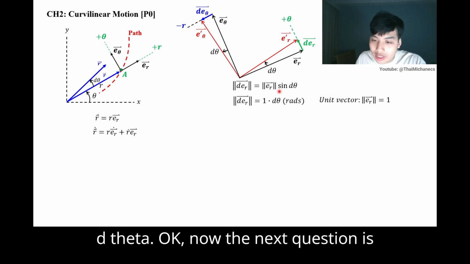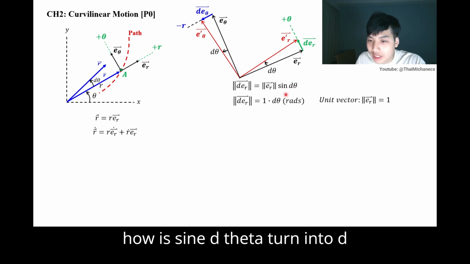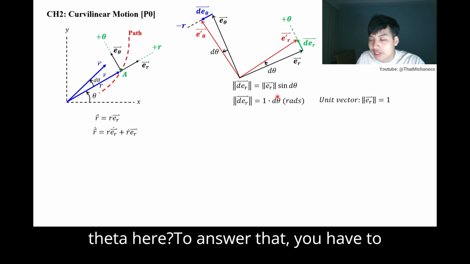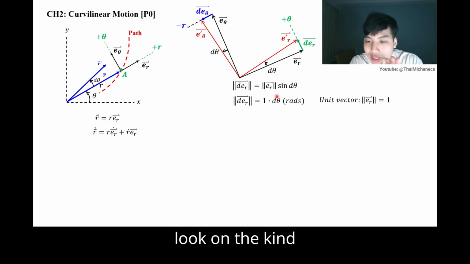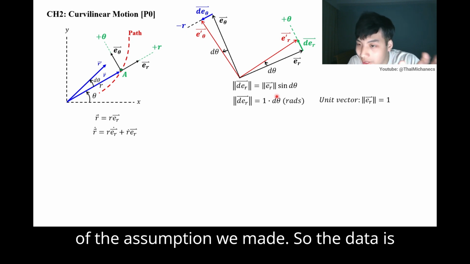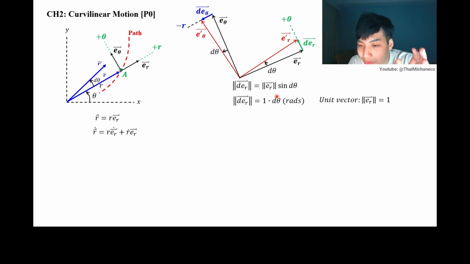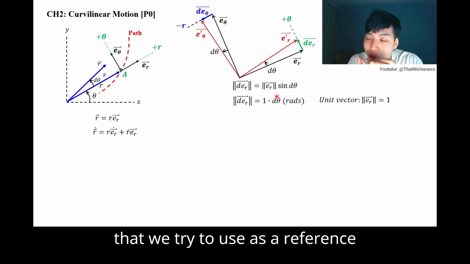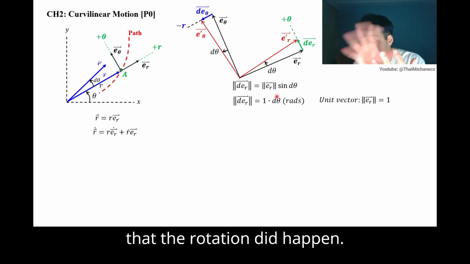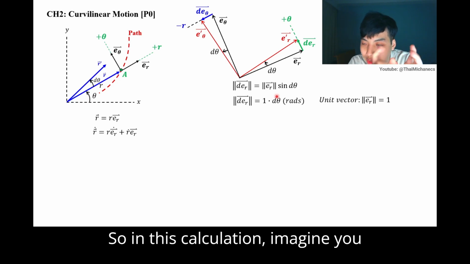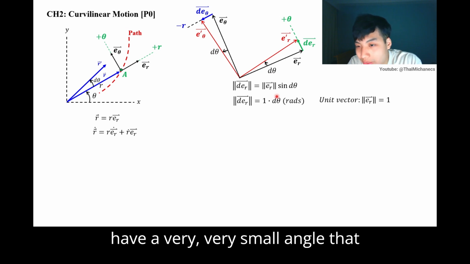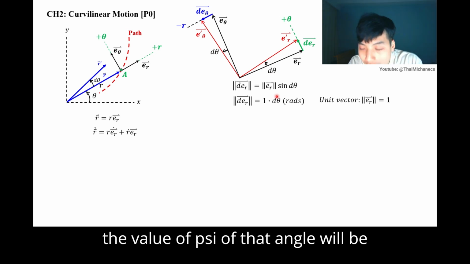Now the next question is, how does sine d theta turn into d theta here? To answer that, you have to look at the assumption we make. d theta is some very small angle that we use as a reference that the rotation did happen. Imagine you have a very small angle; the value of the sine of that angle will be very small.